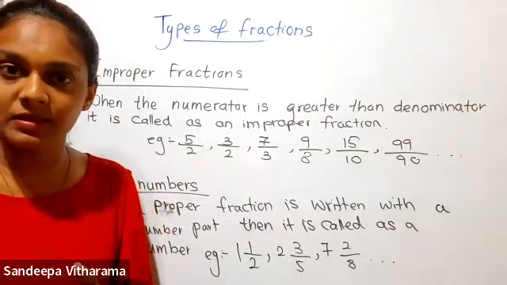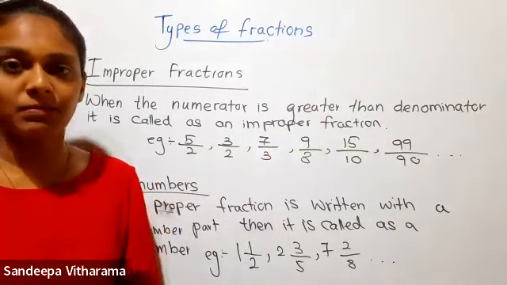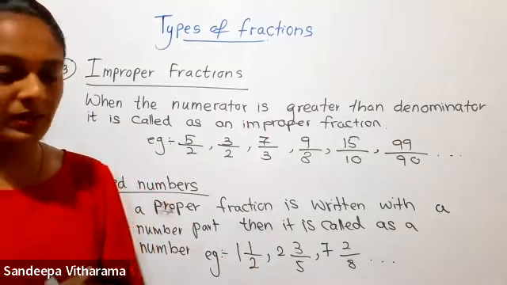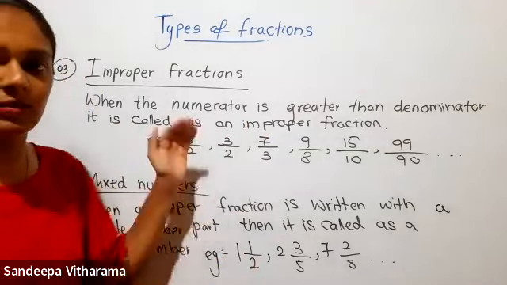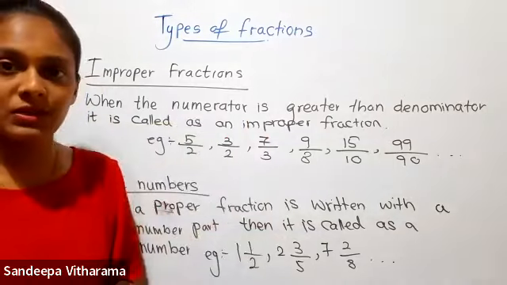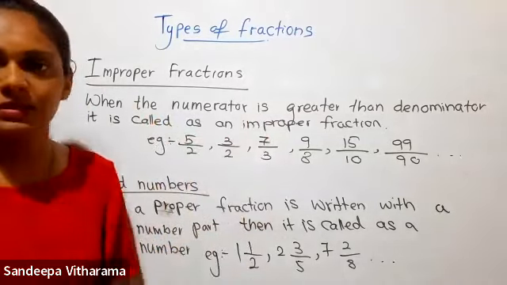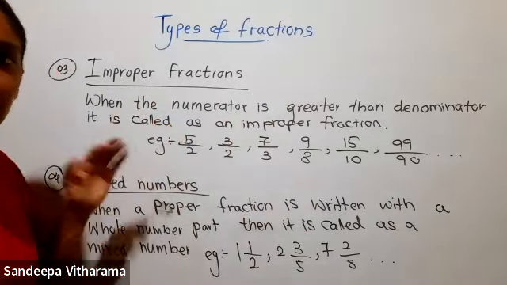These two things are very, very important when we solve questions relevant to fractions. You should know the method of converting improper fractions to mixed numbers and mixed numbers into improper fractions. Okay, write down this one.